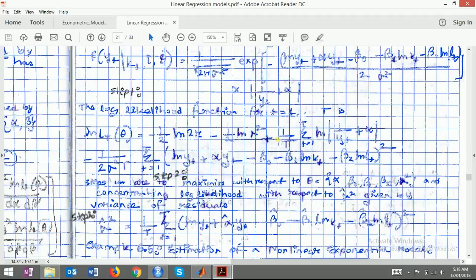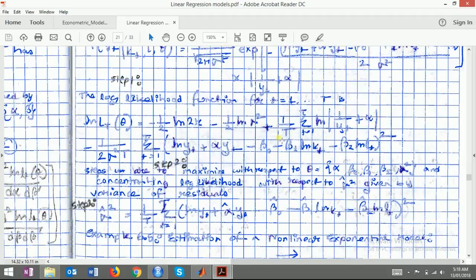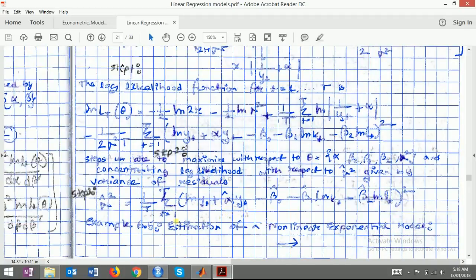Step 2 is maximizing with respect to the theta parameters, which are alpha, beta naught, beta 1, beta 2, sigma square, and concentrating the log likelihood with respect to sigma hat square, given by the variance of residuals. So what was sigma hat square? Sigma hat square was 1 by T summation of g(yt) minus mu(xt), whole square. Here, this is what g(yt) represents, minus mu(xt), this is what mu(xt) represents, whole square.